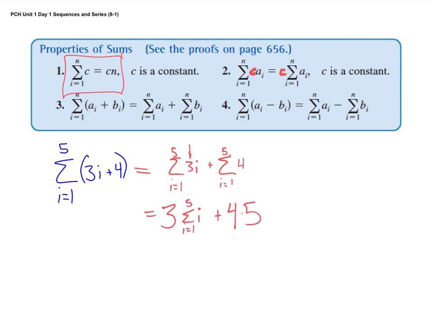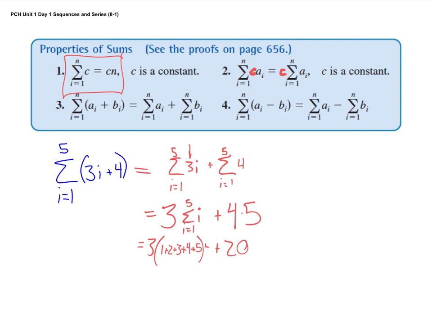Okay? So you see how rather than having to evaluate this 3i plus 4 five different times, I already know half of it equals 20. And then this, it's just 1 plus 2 plus 3 plus 4 plus 5, and I multiply that whole thing by 3.